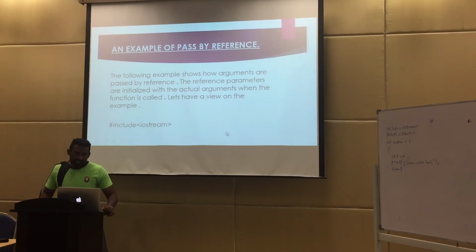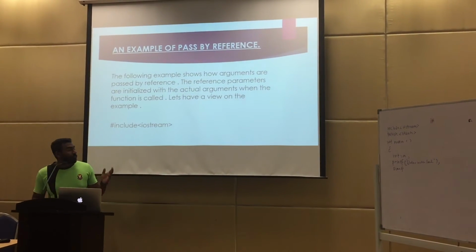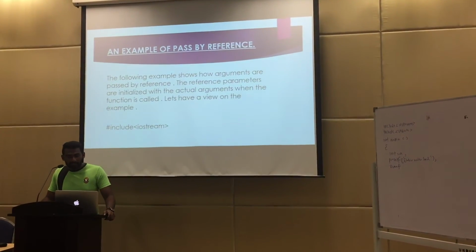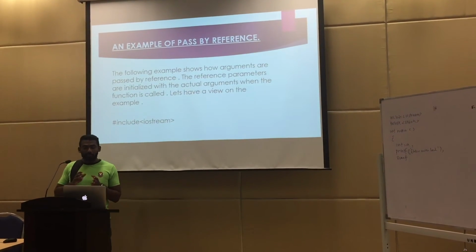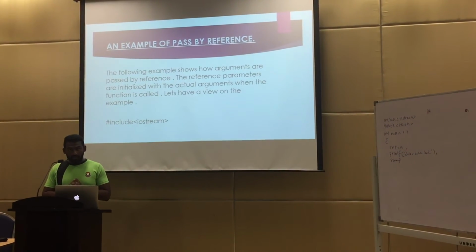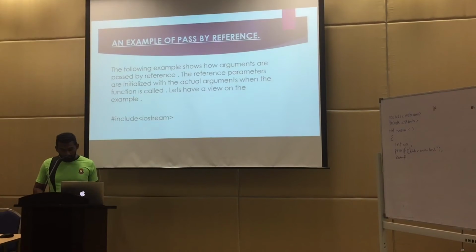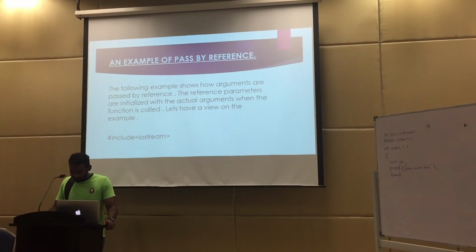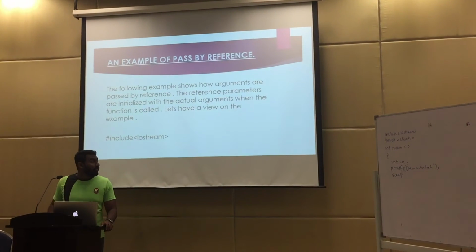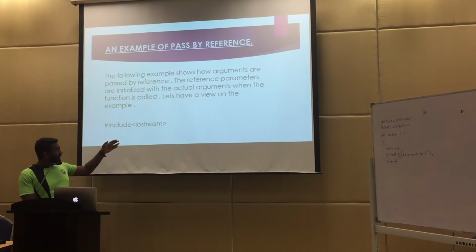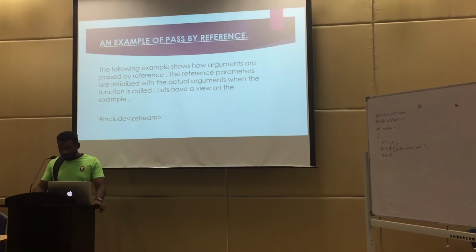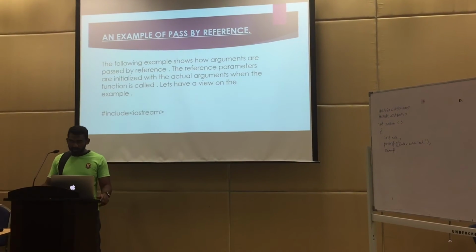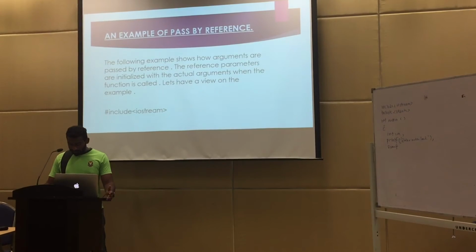So the following example shows how arguments are passed by reference. The reference parameters are initialized with the actual arguments when the function is called. So let's have the example. Include iostream is what I have typed over here. Include iostream allows us to run the basic functions like cout, cin, and everything.